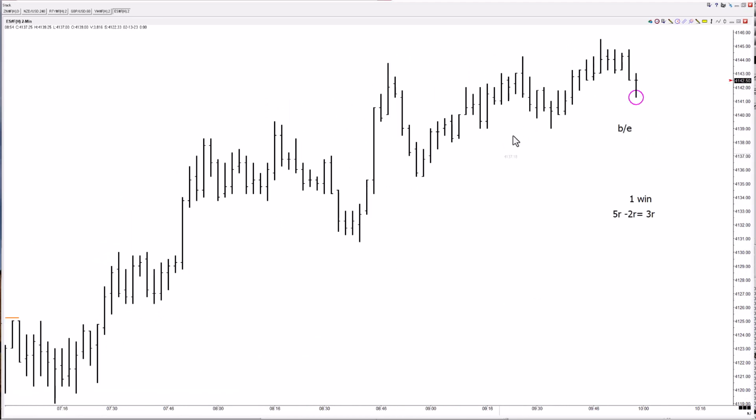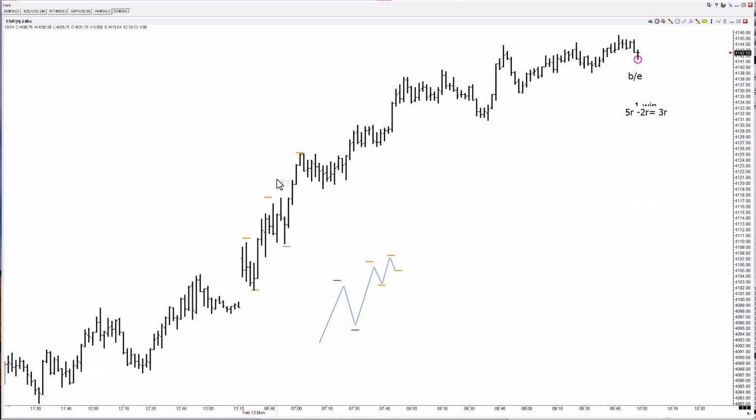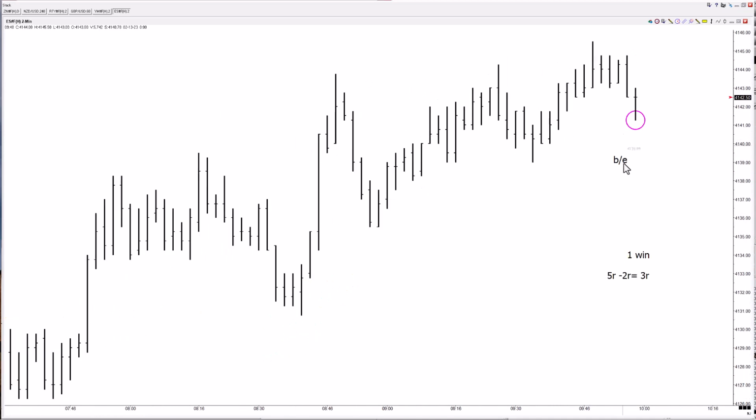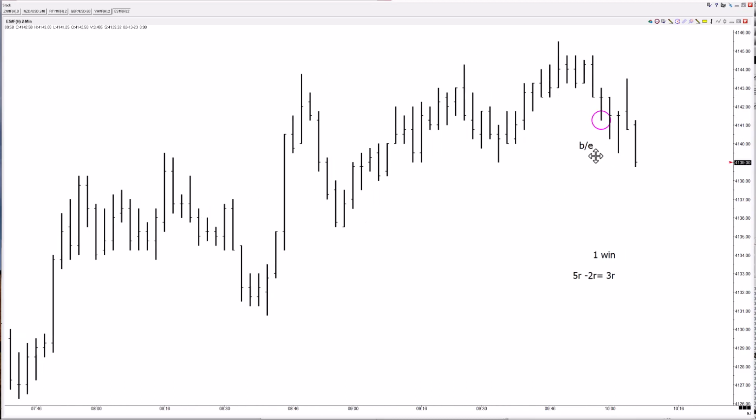So let's look at actual trading now, the things that go on with us. So we get to this trade, and you say to yourself, yeah, I like that. You know what? I did one like that just on Friday, and it worked beautiful. I like that. I'm taking that one. And it starts up, and you BE.